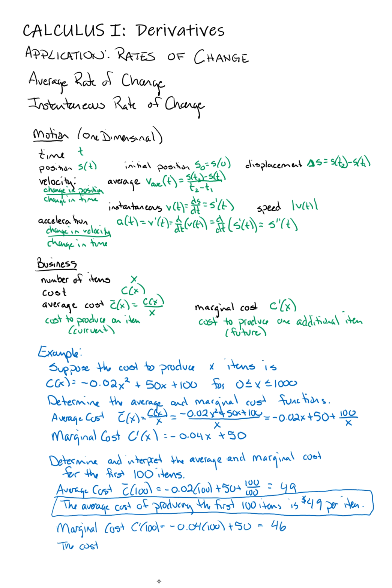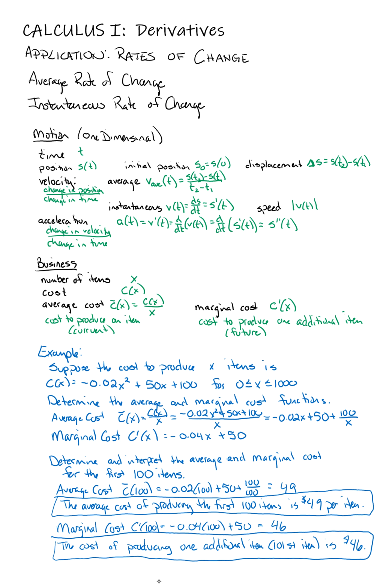This gives us the cost of producing one additional item after we've already produced 100 items. So that means the 101st item costs about $49. So make sure you understand the difference. The average cost is the cost per item for the first x items, but the marginal cost is one more after that. All right, enjoy.